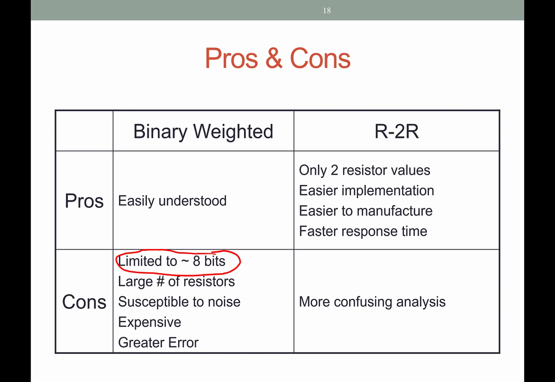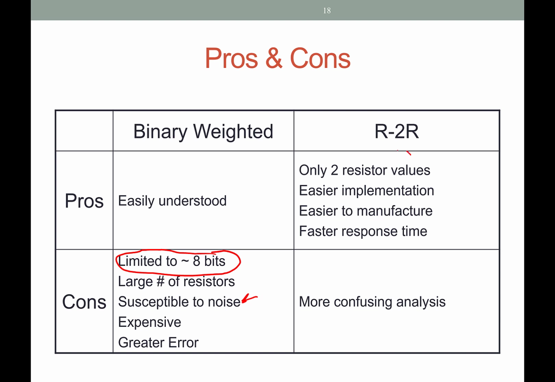It has a large number of resistors. I didn't really talk about susceptibility to noise, but that's again related to this constant. If you had 10K, you need 10K, 5K, 2.5K, 1.25K, and so forth as you make these resistance values smaller and smaller by half each time.